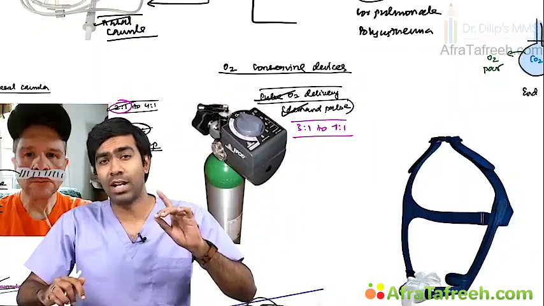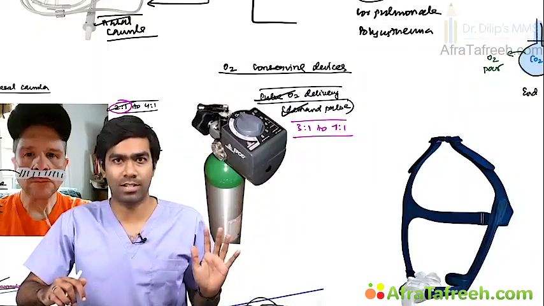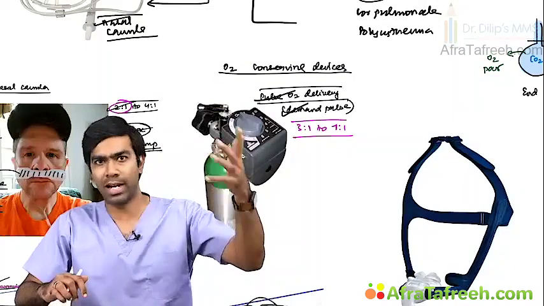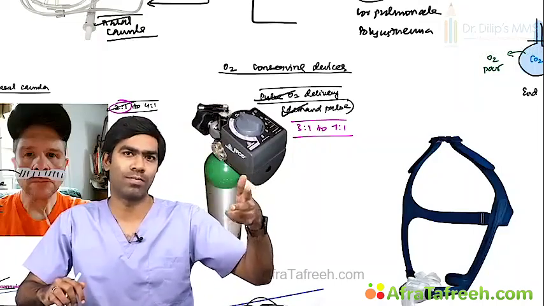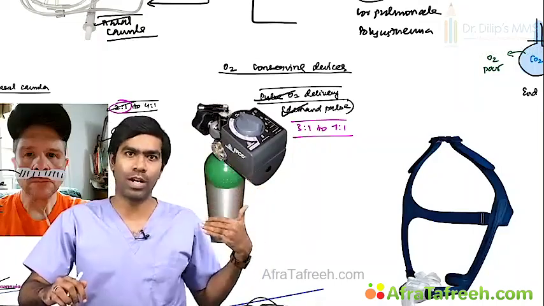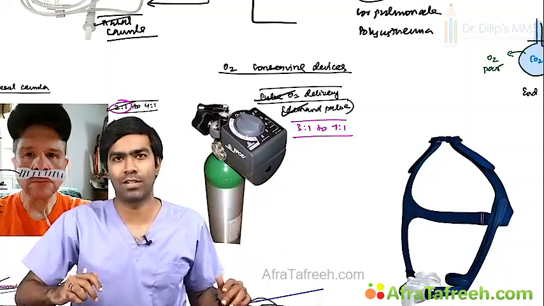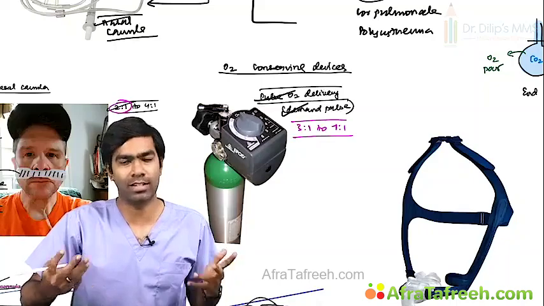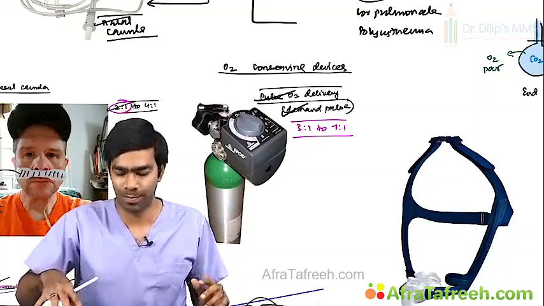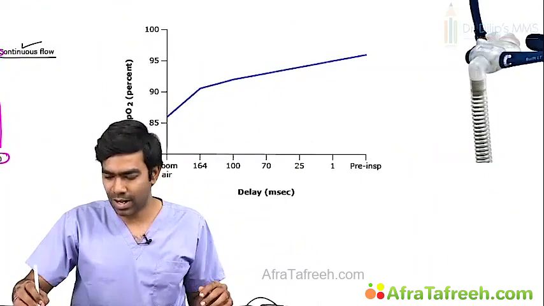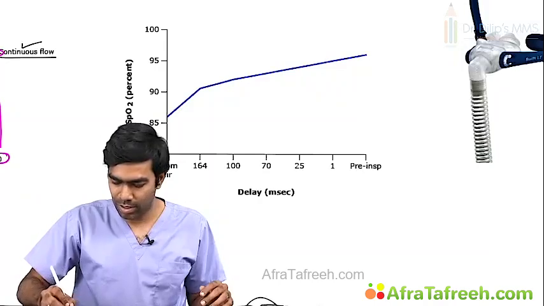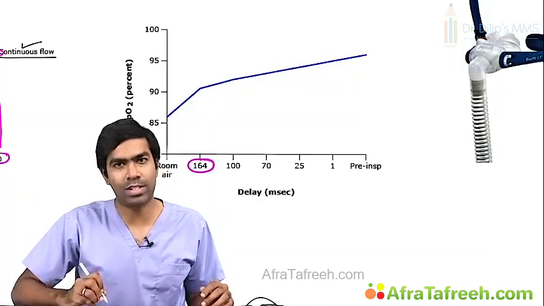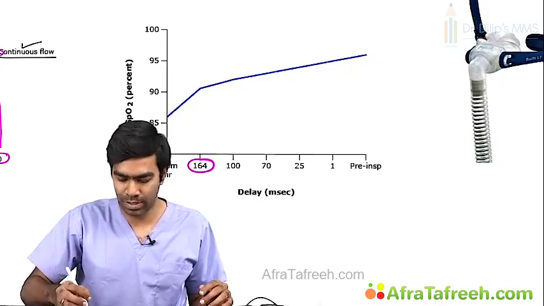And remember, you have to deliver as soon as the inspiration starts. The later you deliver the pulse, the more chances that the gas will go to the dead space. The earlier you deliver, the faster it reaches the alveoli, which will improve the gas exchange. That is the most important point. This graph shows that the more delay you have, for example a 164 millisecond delay from the beginning of inspiration, the lower your saturation.